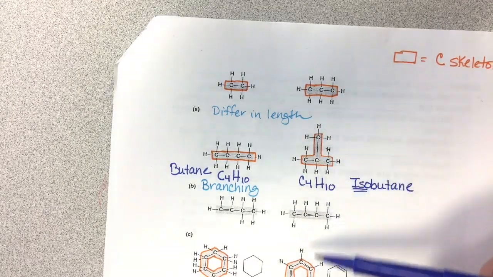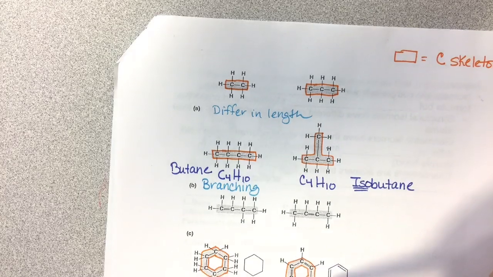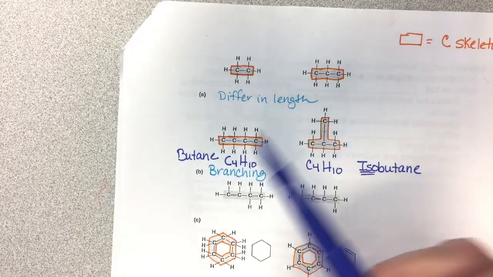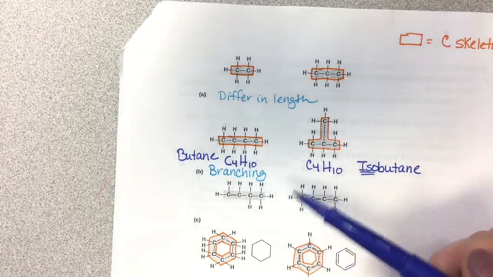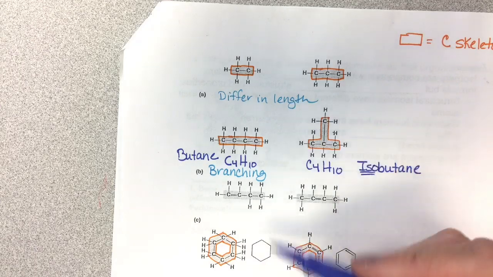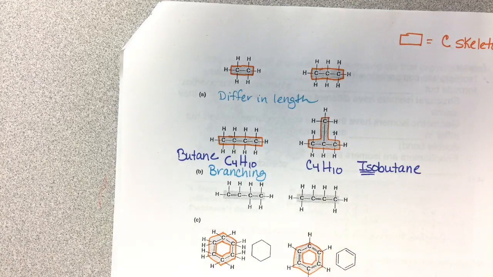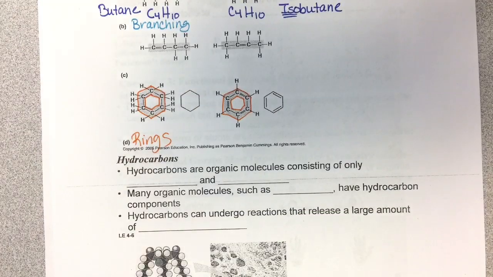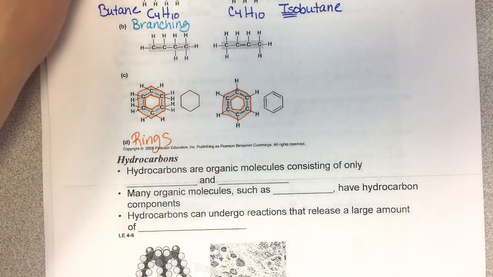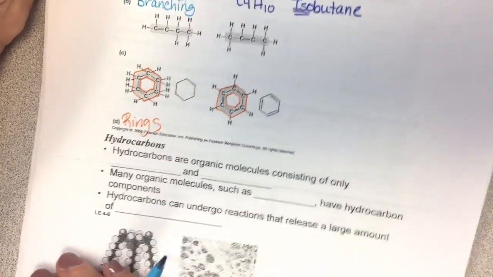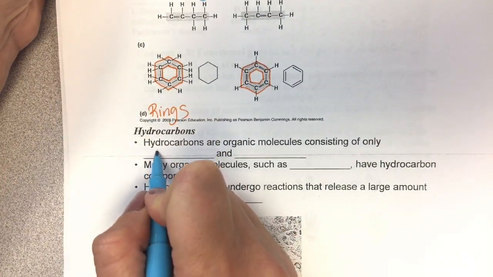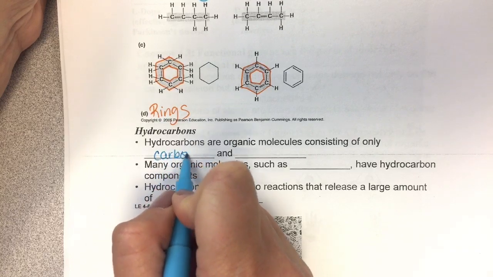So all of these in the various pictures here are just made out of two elements, carbon and hydrogen. Molecules that are just made out of those two elements have a special name. They are called hydrocarbons. The word hydrocarbon comes from hydrogen and carbon, meaning that the molecules are just made out of carbon and hydrogen.